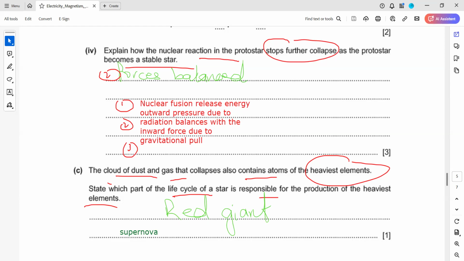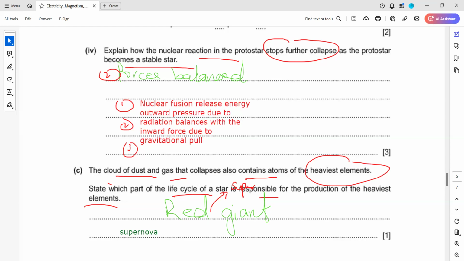Or if you are saying red giant, don't only say red giant, it should be red supergiant. So red supergiant explosion, or a supernova you can also say. So either mention red supergiant or supernova.